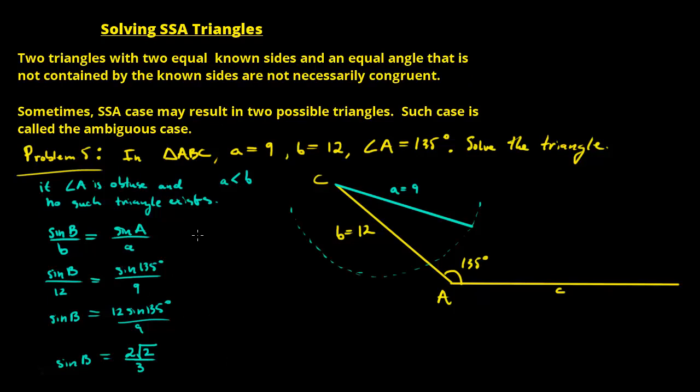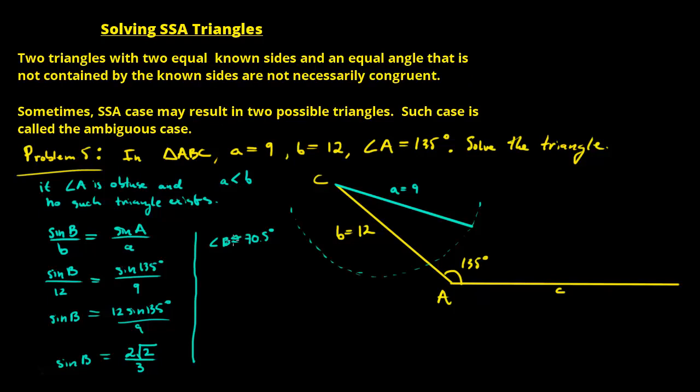I can figure out what angle B is. If I take the arc sine, the inverse sine, of both sides, I get that angle B is 70.5 degrees. So my calculator told me that angle B is 70.5 degrees.